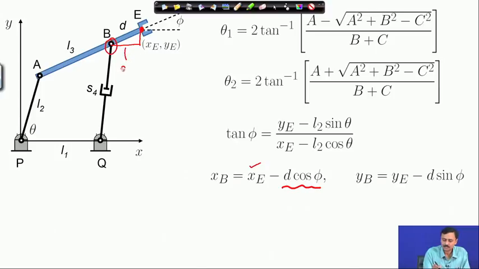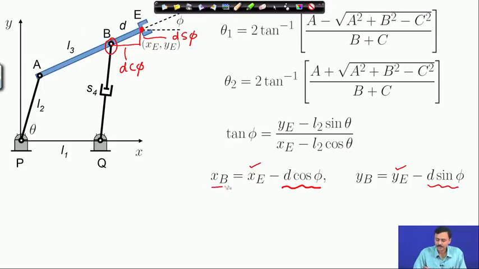So, this is d cosine phi. Similarly, y b is equal to y e, which is known to me, minus d sin phi, the vertical projection of B e.